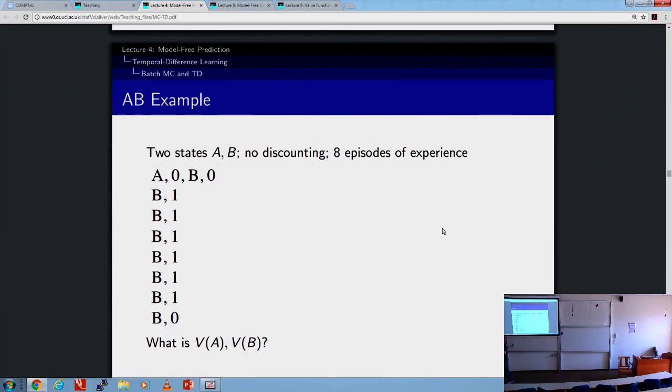Now let's talk about the TD answer to this question. If you do TD learning, temporal difference learning, what do you think VA and VB will be? Remember, TD learning tries to make each state consistent with the value of the next state.